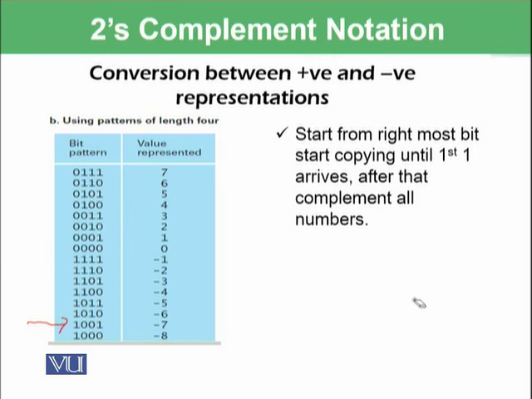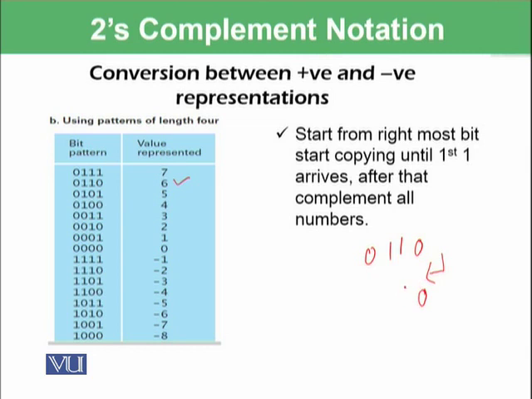Let's say we now want 6. So 6 has 0110. What bit pattern will represent -6? As I already said, let's start from the right side. Copy all of the bits until the first one is reached. So this 0 would be reproduced as it is.